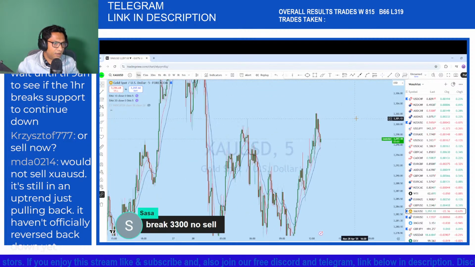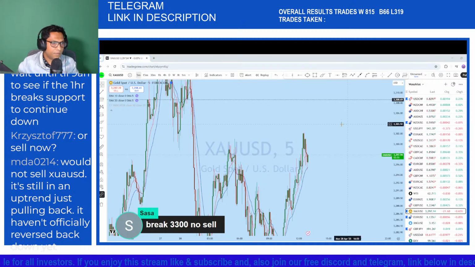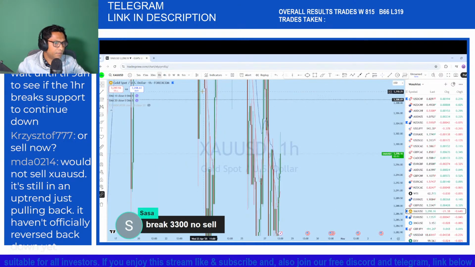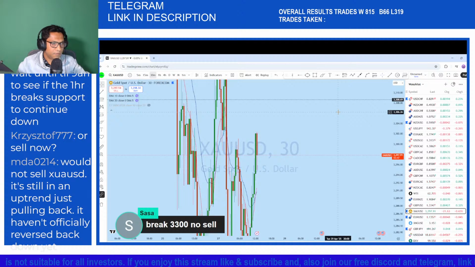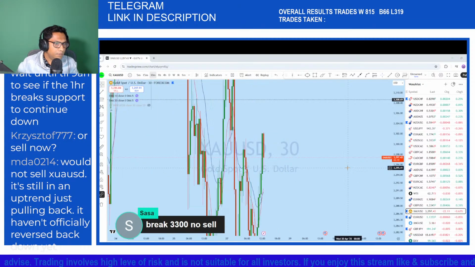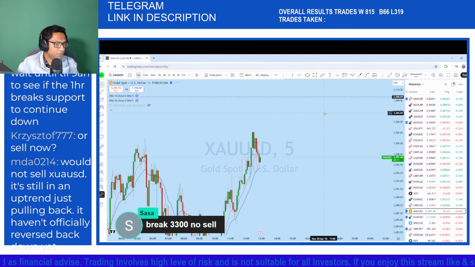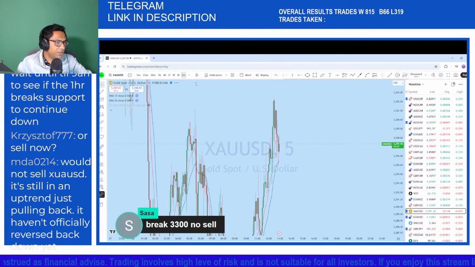And the TP target, if we look at here for this possible drop in this market.